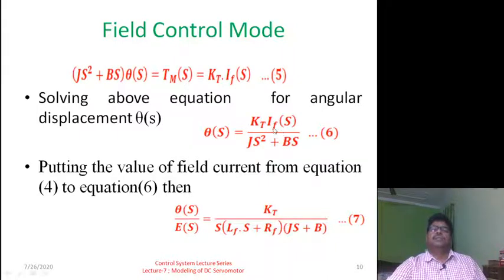And from equation number 4 we can find If, where If(s) is equal to E(s) upon (Lf s plus Rf). So theta(s) upon E(s) can be written as Kt upon s into (Lf s plus Rf) into (J s plus B).